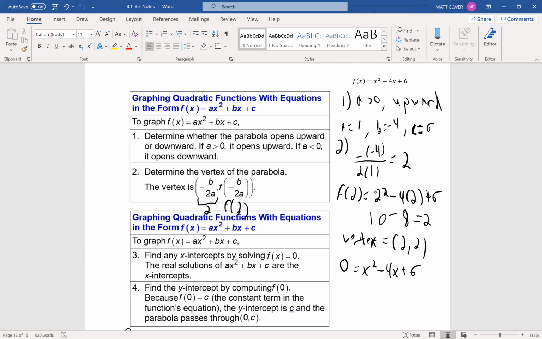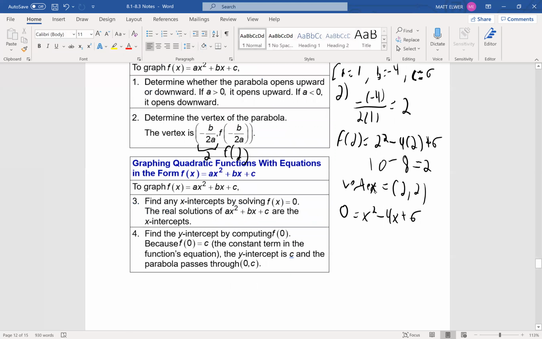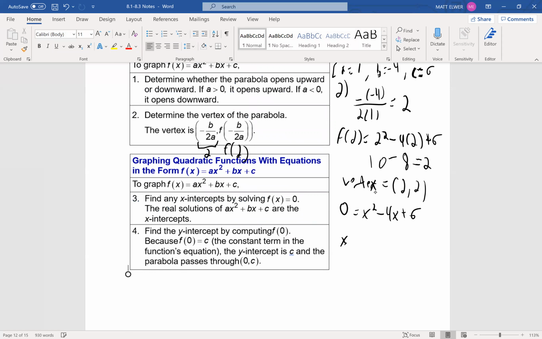If we use the quadratic formula, remembering our a, b, and c from up here, x is equal to negative b, which is negative of negative 4, plus or minus the square root of b squared, negative 4 squared, minus 4ac, 4 times 1 times 6, all over 2a, 2 times 1.